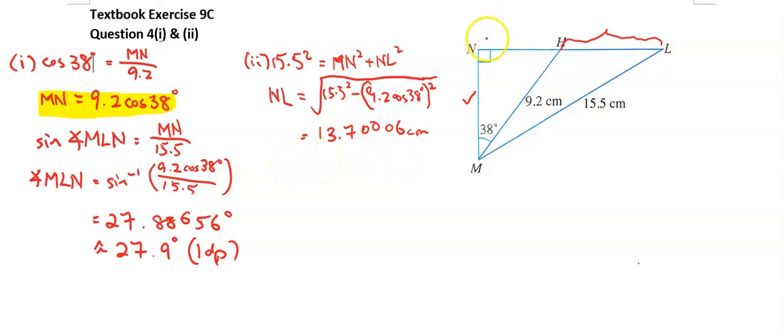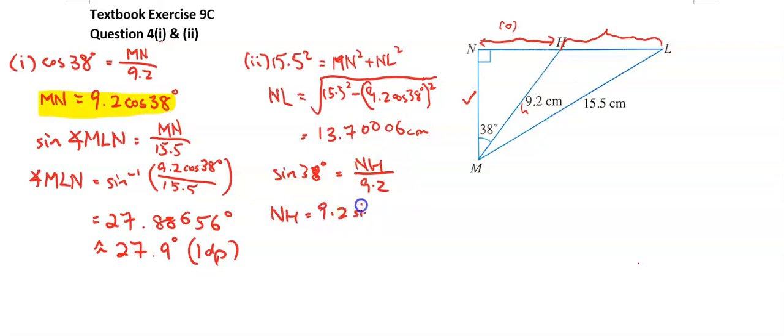Next we have to find this length NH. In order to get the length of HL, we use information from this small triangle. NH is opposite to 38 degrees and 9.2 is the hypotenuse. So with opposite and hypotenuse, we use sine 38 degrees equals NH over 9.2. So NH is 9.2 times sine 38 degrees. If you press this in your calculator, it gives you the numerical value of the length NH.